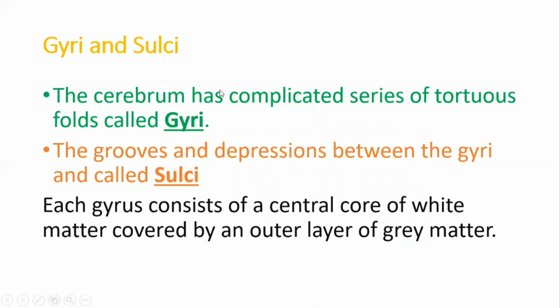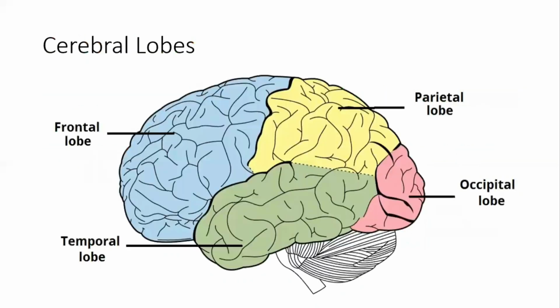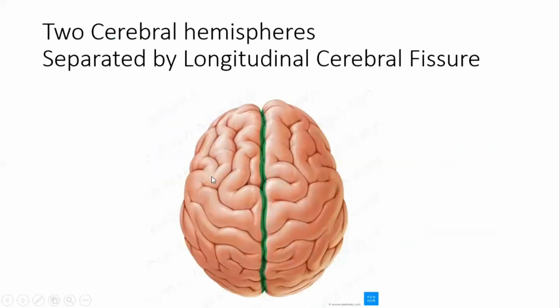Now, what are sulci and gyri? The cerebrum has a complicated series of tortuous folds called gyri. If you look at this picture, these masses in the brain that are folded in different hemispheres, in different lobes, we can see them everywhere.